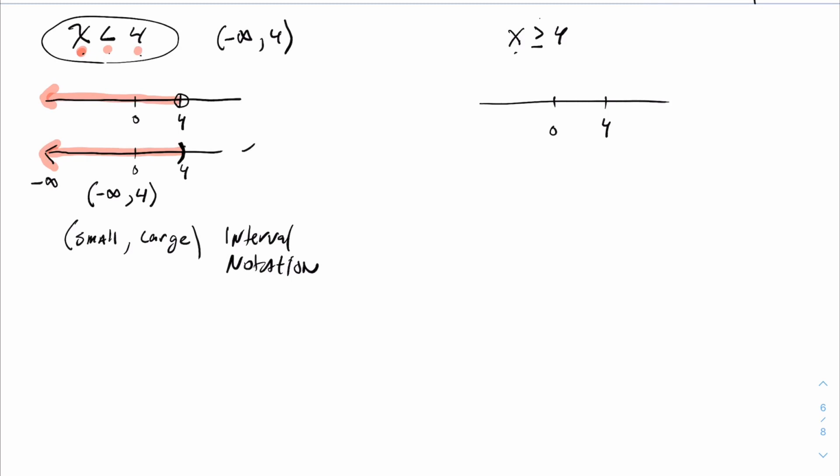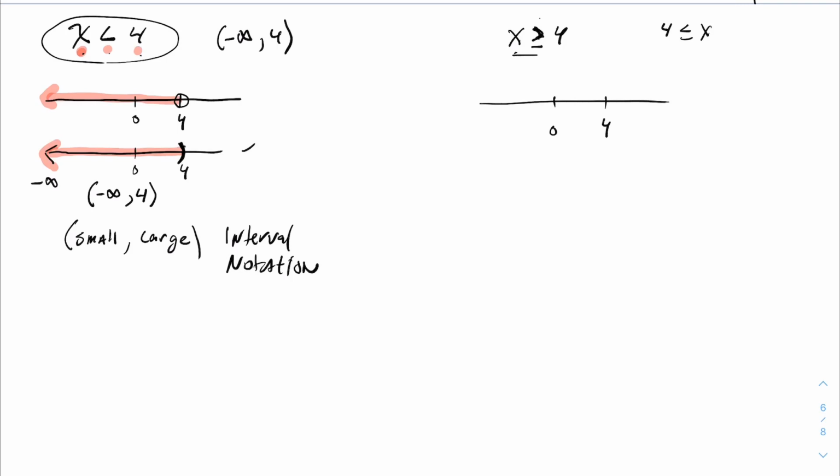And by the way, with inequalities, these two statements are the same thing.